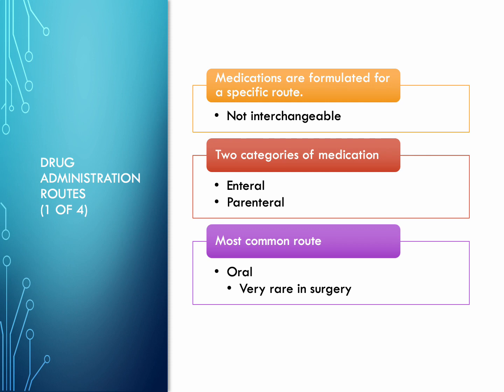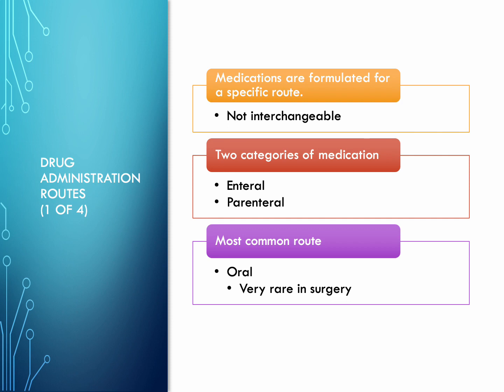All right, so we are going to move forward to administration routes. Now, drugs have to get into the body to be able to work, right? And so the way that they get in is through an administration route. And drugs are designed with this in mind, all right?